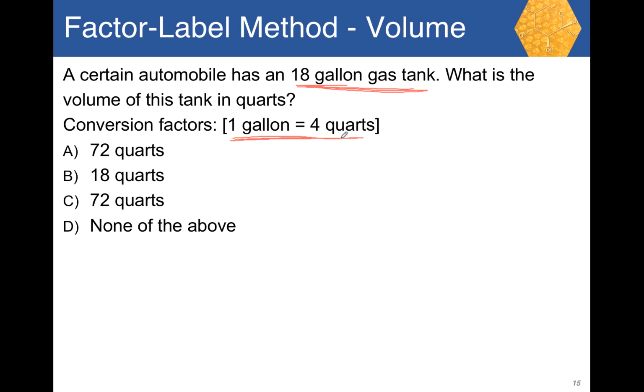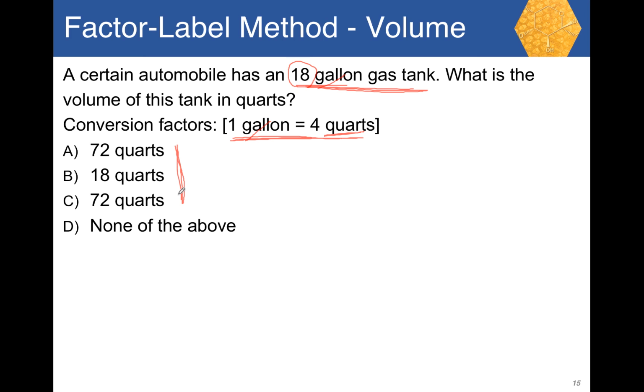So you need to set up your conversion factor so that the units cancel. Gallons will cancel gallons. So what's left is quarts. And then, of course, you carry out your calculations. So now what you need to do is pause the video, set up your conversion factor, plug this number in, 18 gallons, do the calculation, and see which one of these is a reasonable answer.